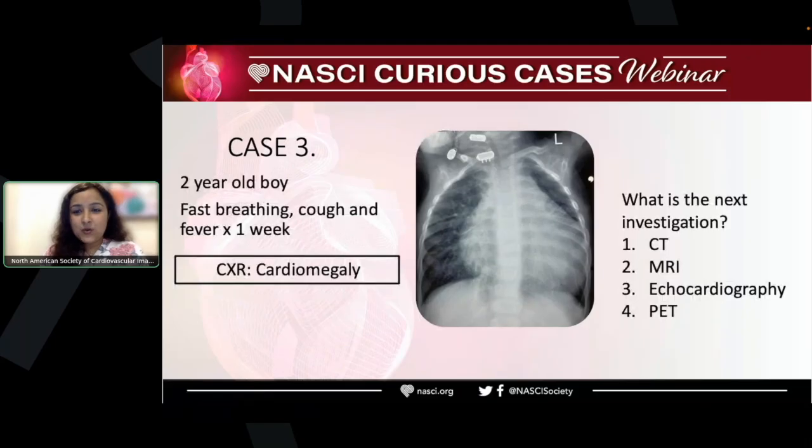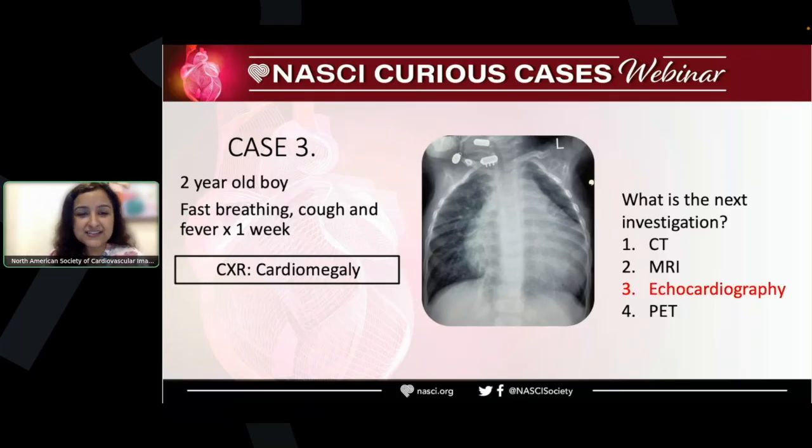So what is the next investigation that we would like to do? CT, MRI, echo, PET? Sorry, can you repeat? To start with, an echo. Echo, of course. That is the first investigation of choice with this particular finding.